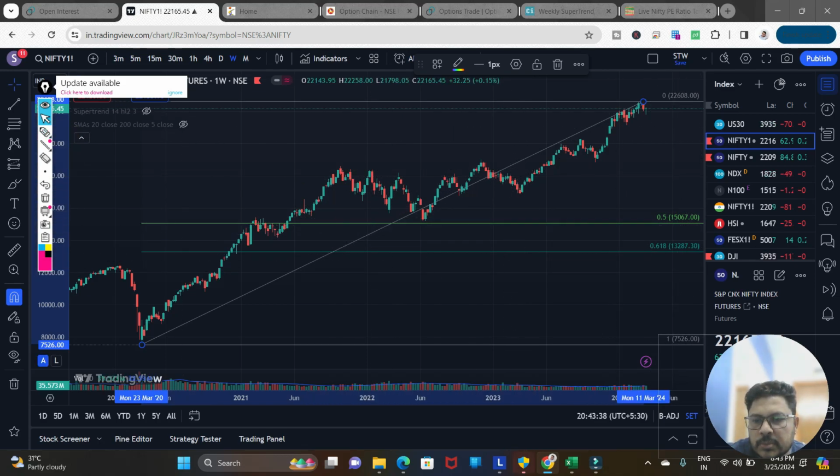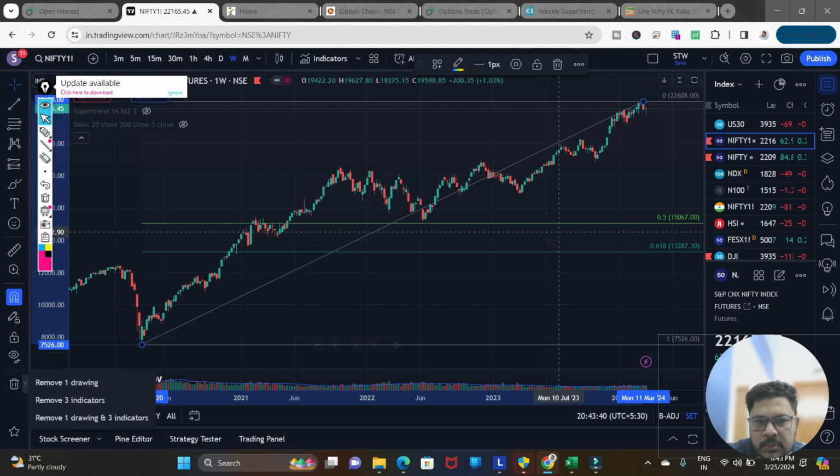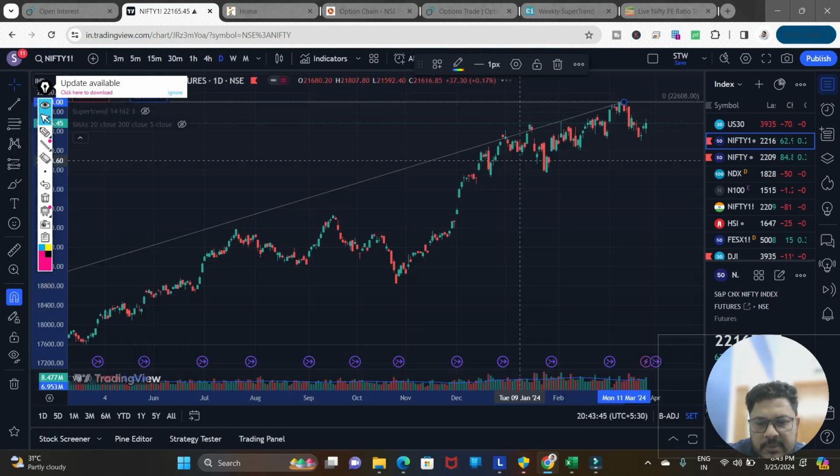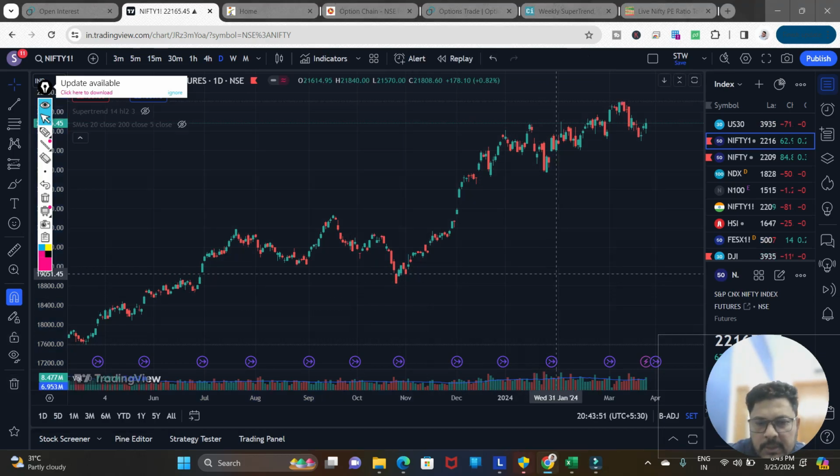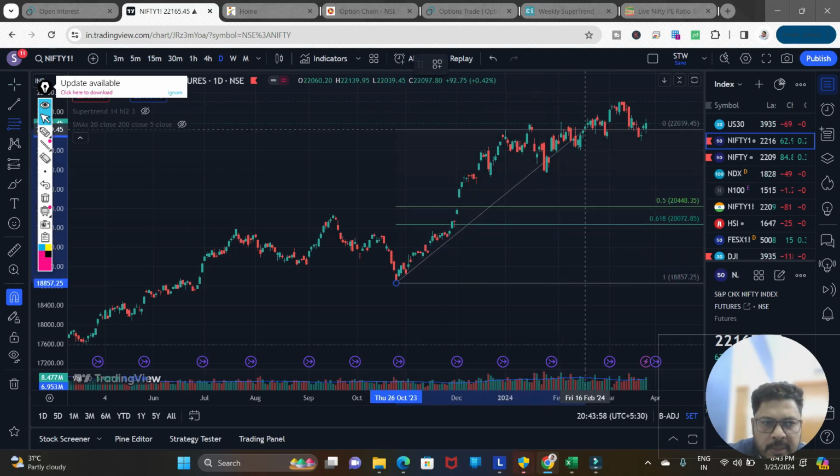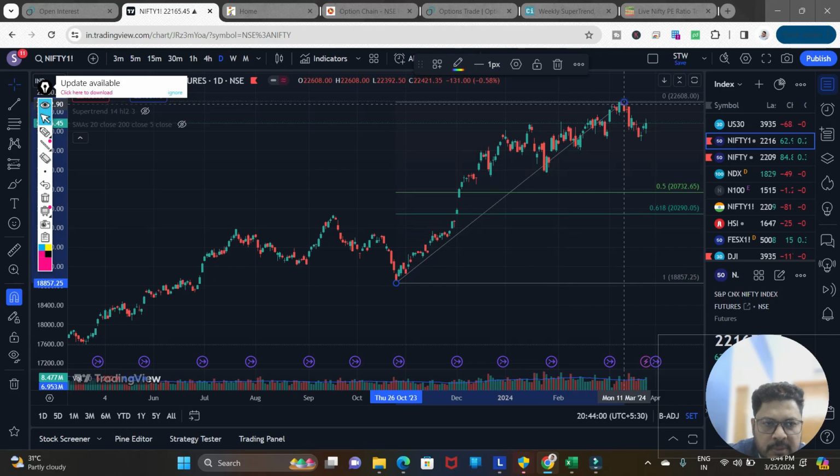Now assuming that is not going to come soon, what we are going to do is look at our daily time frames and look at what is the best possible level for us to see. So I'll take this tool again. This was our latest swing low on a daily time frame. This was the high.